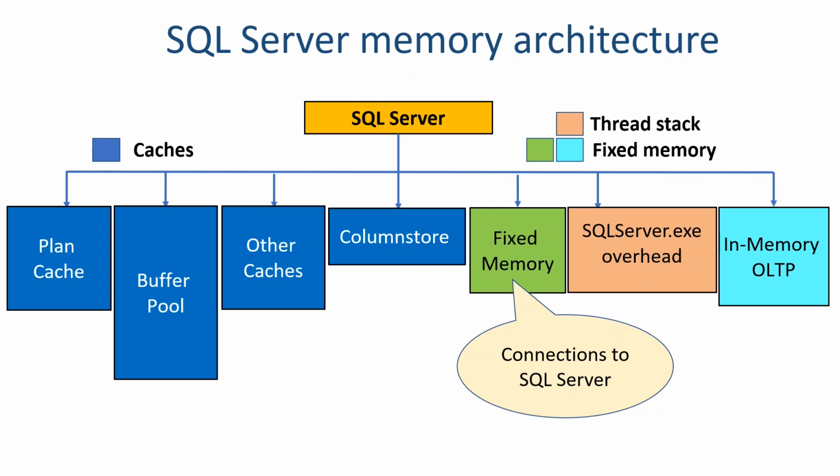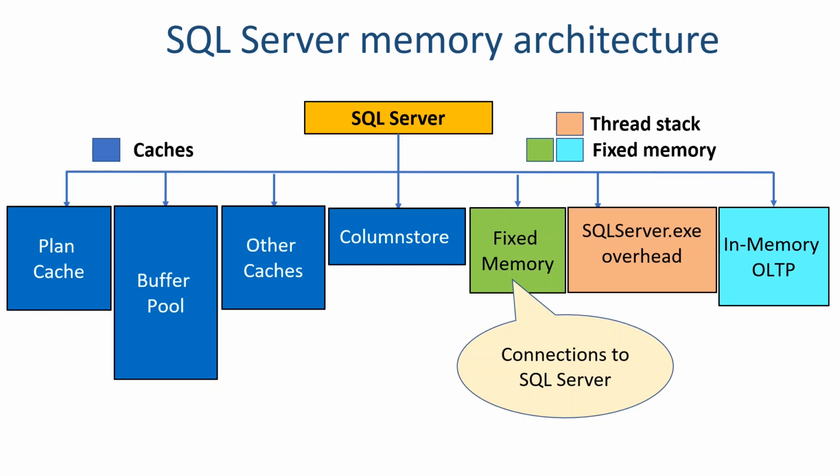But the fixed memory can't just go ahead and disconnect the connections which are already made to the SQL Server, right? So it will request the other memory components to release the memory. So that's how the fixed memory gets managed.